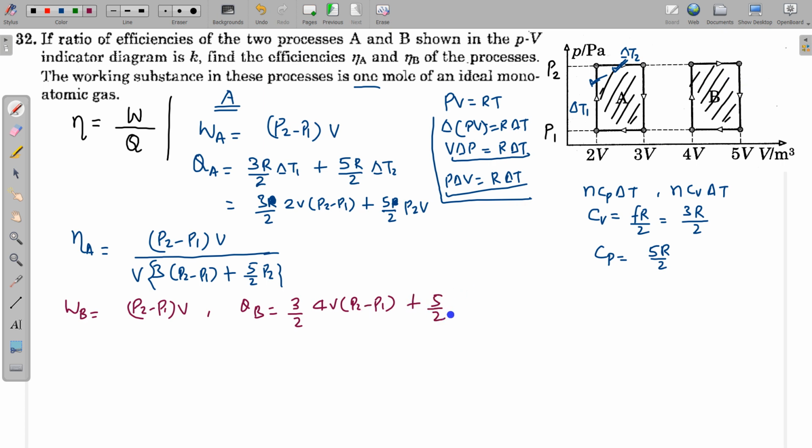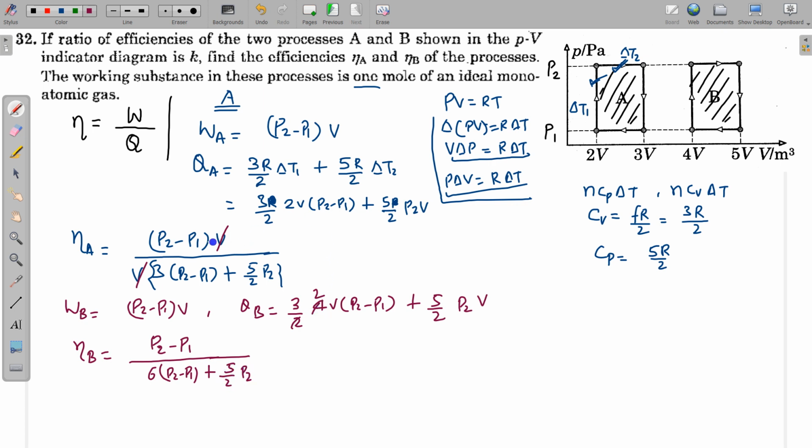The pressure here is again P2, and the change in volume is again V. So just like this I have written this, and in the efficiency, V is cancelled here, V is also cancelled, P2 minus P1, and this is basically 6 times (P2 minus P1) plus 5 by 2 P2.